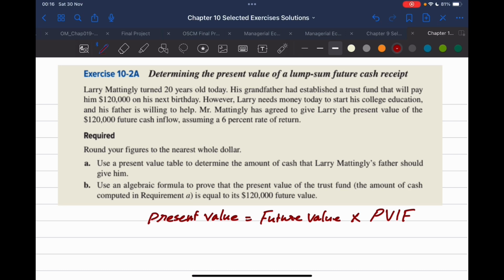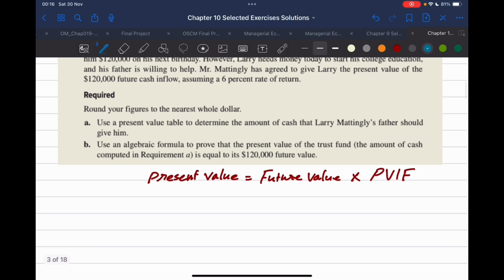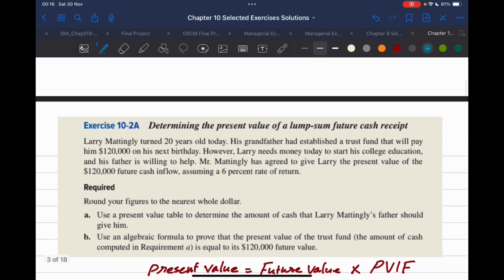All right, so that's the basic formula that we're using. So let's substitute and see what we get. The present value, which is typically written as PV for short, should equal the future value, which in this scenario is $120,000.